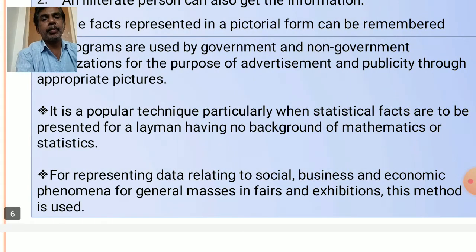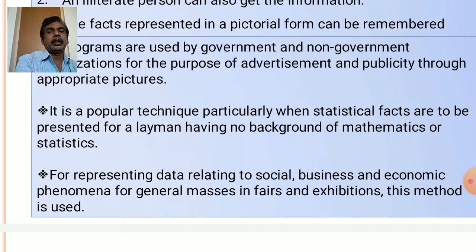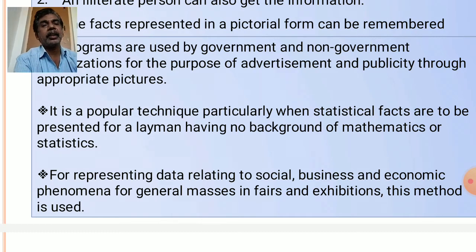So it is a popular technique, particularly when statistical facts are to be presented for a layman having no background of mathematics or statistics. People who have no idea of statistics, or have less knowledge of mathematics, even a non-mathematical person, everyone can easily understand statistical data through pictograms, cartograms and pictograms.